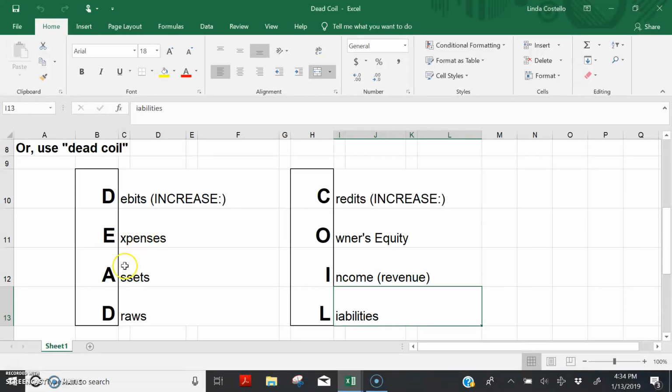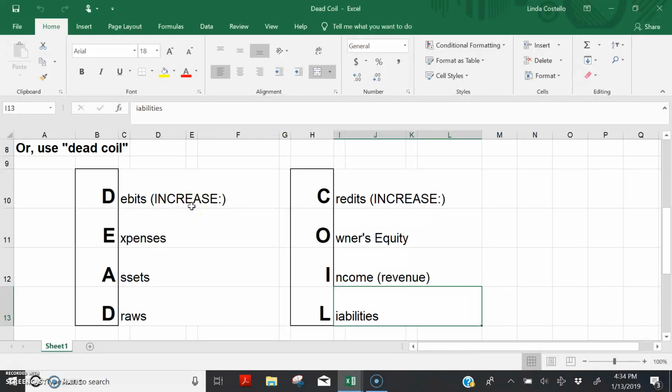E, expenses, A, assets, D, draws. If you want to increase the balance in any expense, asset, or the owner's drawing account, you need to debit these accounts. They all have normal debit balances, like signs add, so debit these accounts to increase their balance.